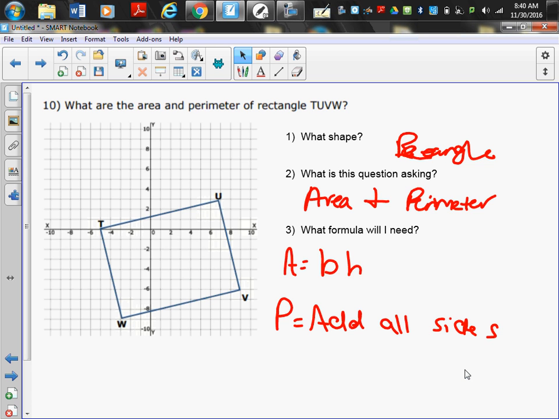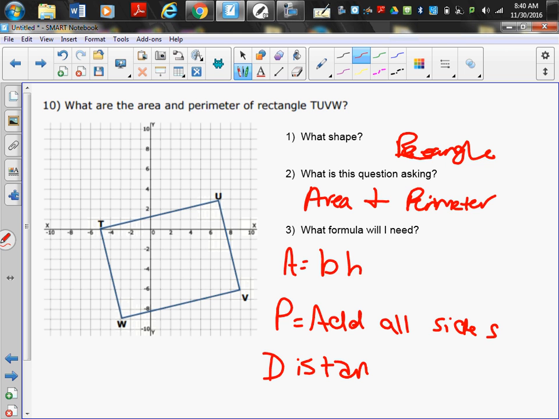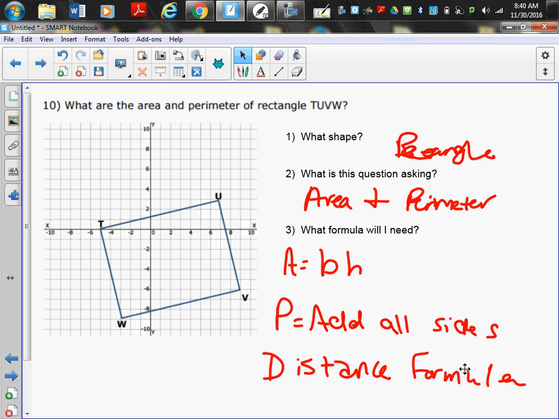The distance formula. All right. So at this point, we're going to pause. When the bell rings, guys, you can take a break, and then we'll come back for second block and finish up.